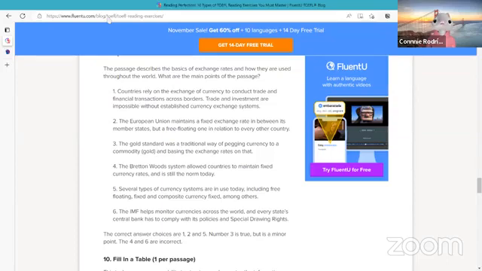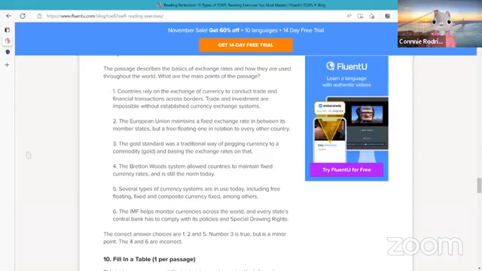The Bretton Woods system allowed countries to maintain fixed currency rates and is still the norm today. 5. Several types of currency systems are in use today, including free floating, fixed, and composite currency, among others.